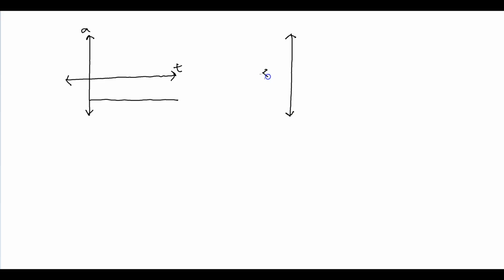So what we're going to do is, we have time here, acceleration here. This is a VT graph.